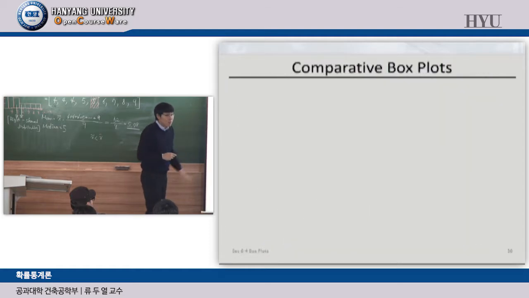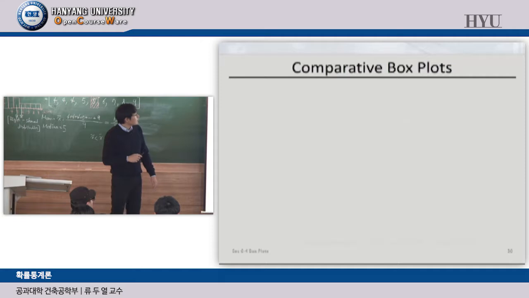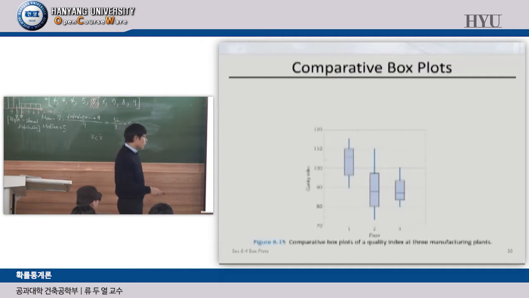And this is about the comparative box plot. This is the comparative box plot of a quality index at 3 manufacturing plants. This is manufacturing plant number 1, this is manufacturing plant number 2, and this is manufacturing plant number 3.